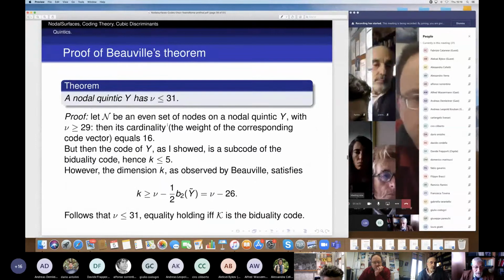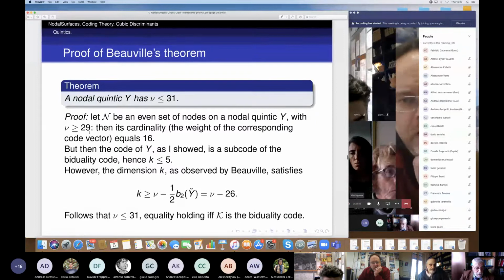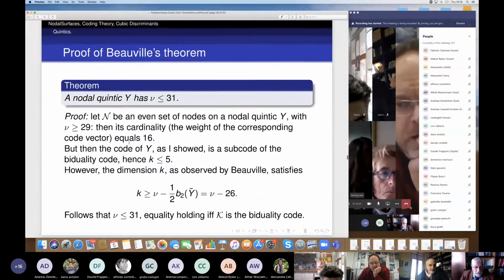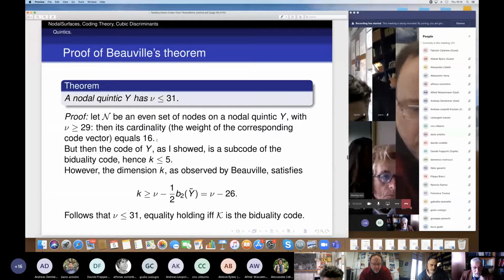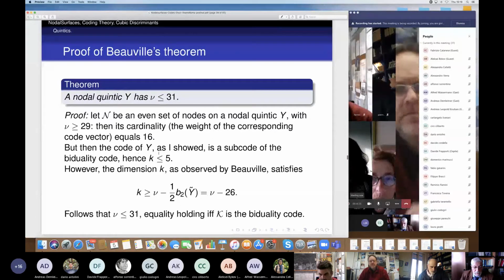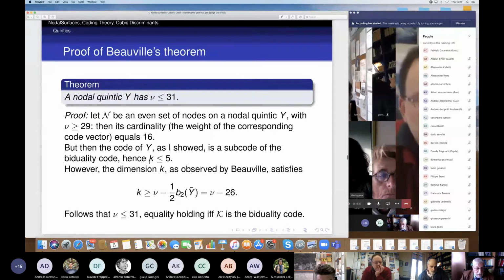So if N is an even set of nodes on a nodal quintic with at least 21 nodes, by the previous theorem, the cardinality of the set is 16. So we have a code with only weight 16. And I showed before that the code of Y is a subcode of the biduality code. In particular, its dimension is at most 5.